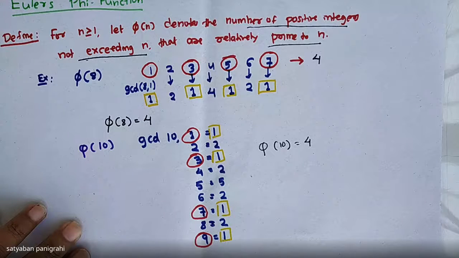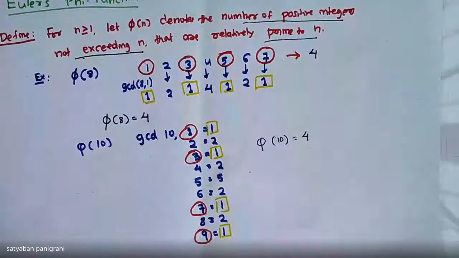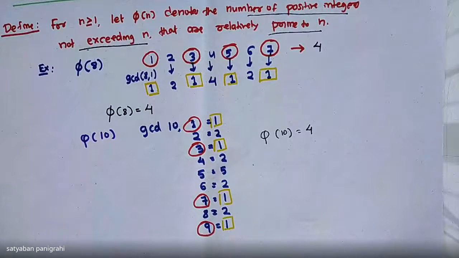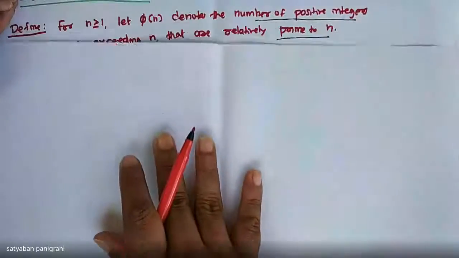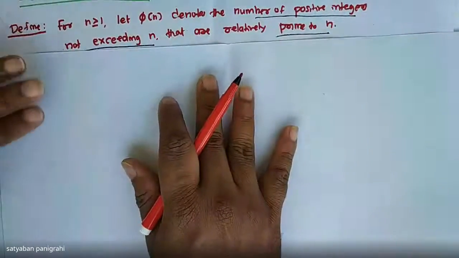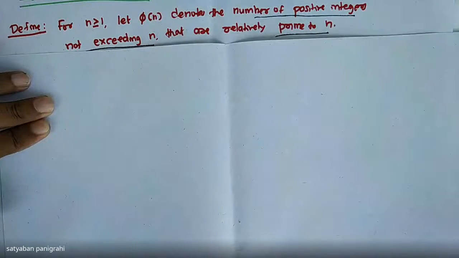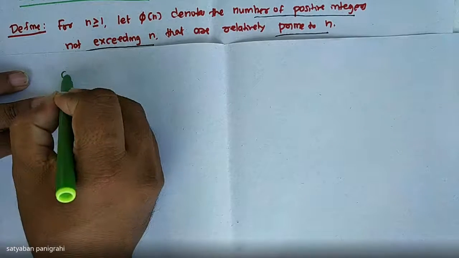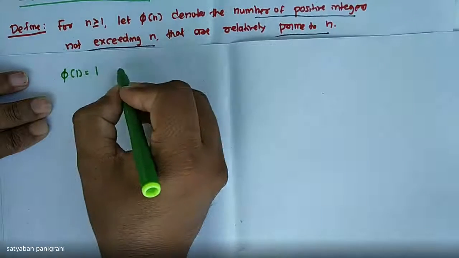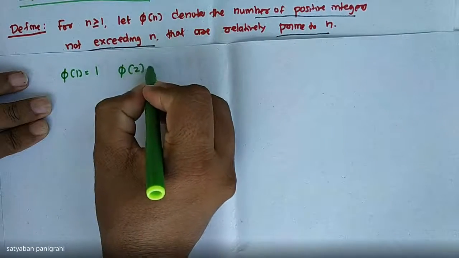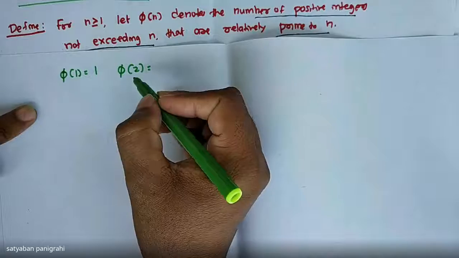Okay. Now we can list the Euler phi function of some numbers. So we can write phi of 1 equal to 1. Phi of 2 is how much? Only 1.